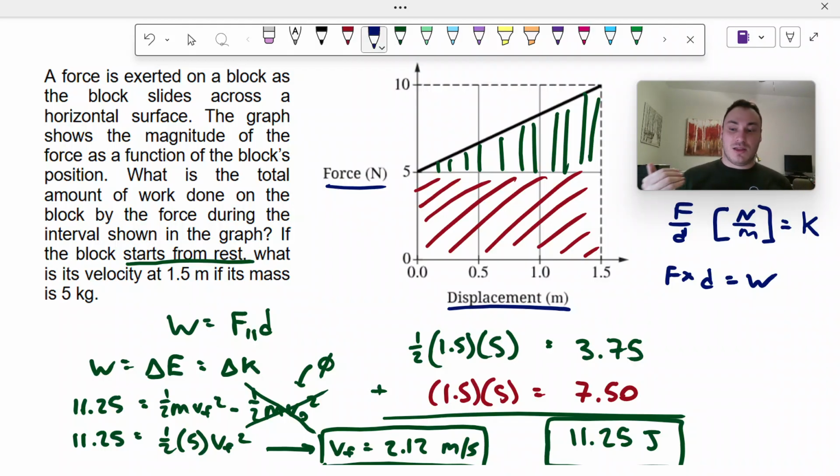Well, in the context of that question, it's going to be easier to identify this. However, if you're given a force versus displacement graph in a question like that, you should be able to recognize that if you take force and divide that by displacement, that is the units of spring constant, so therefore the slope of that graph gives you spring constant.